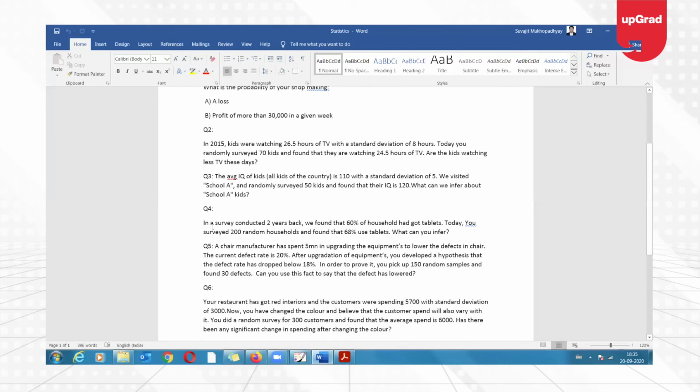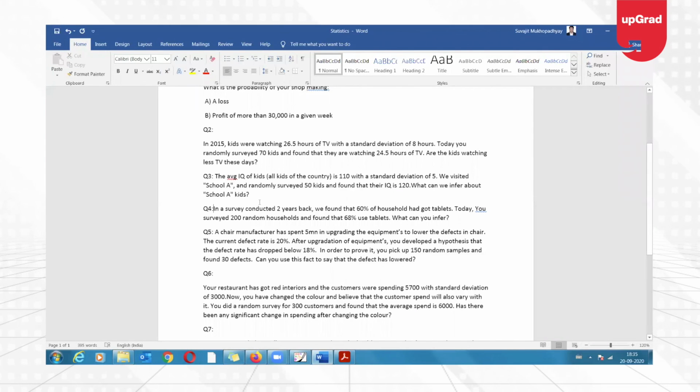So the problem says, in a survey conducted 2 years back, we found that 60% of households had got tablets. Today, you surveyed 200 random households and found that 68% use tablets.